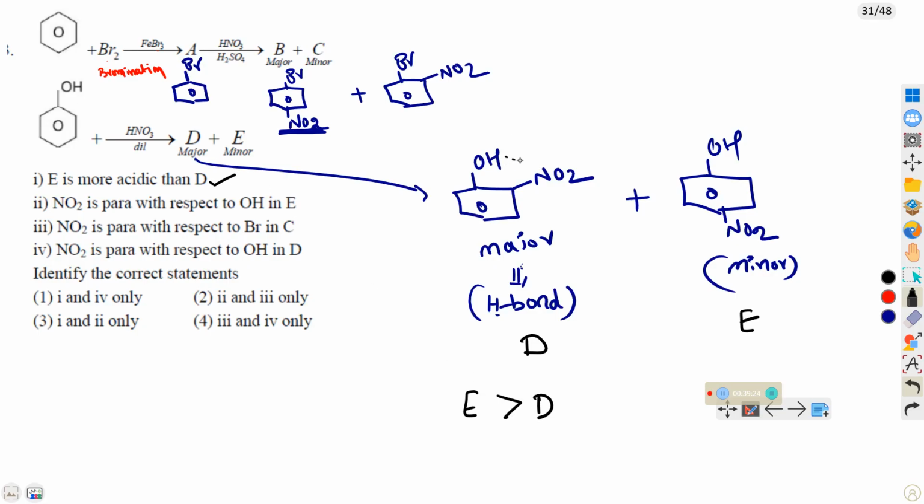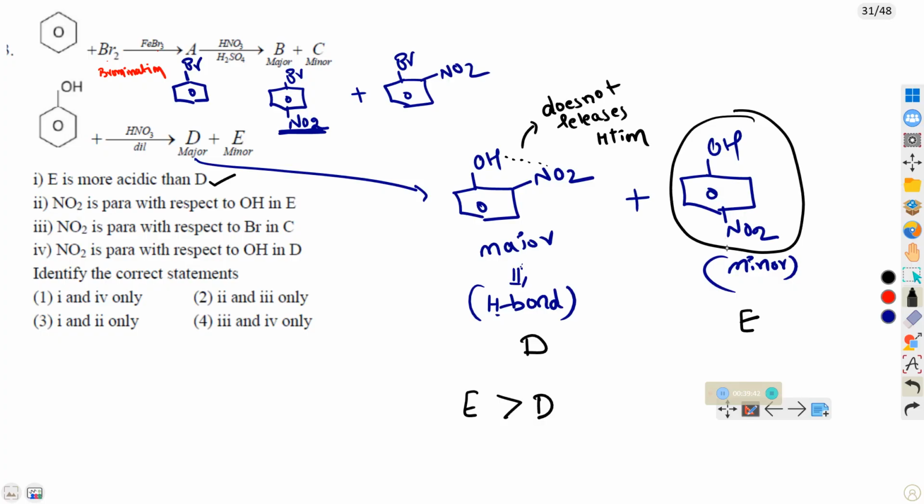Due to the presence of hydrogen bond, ortho-nitrophenol does not release H plus ions. Here hydrogen bond is absent, so it releases H plus ions. A compound which releases H plus ions acts as an acid.